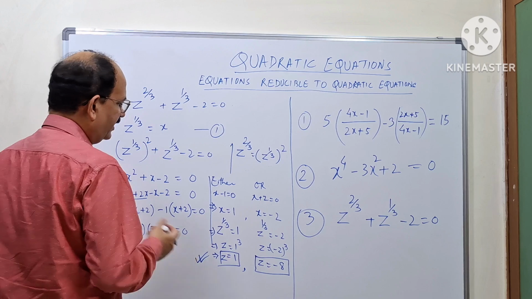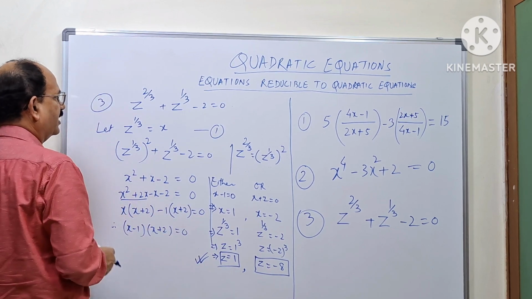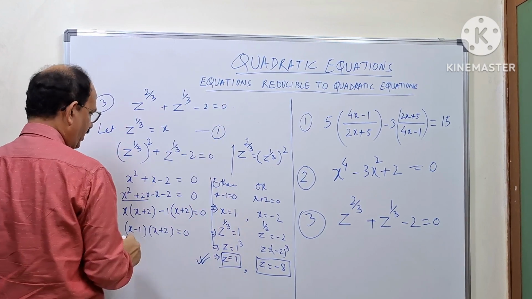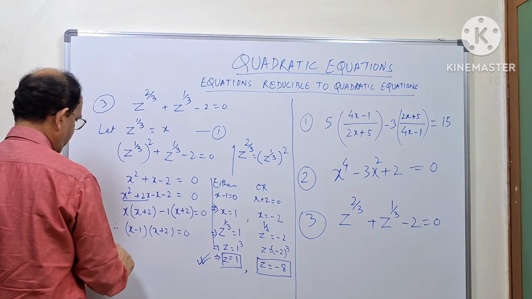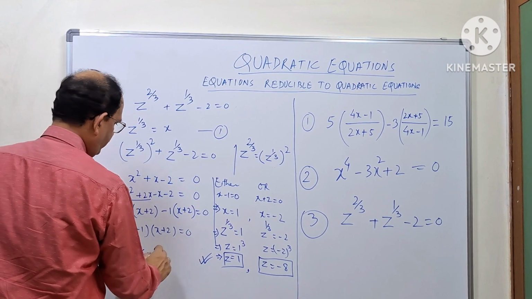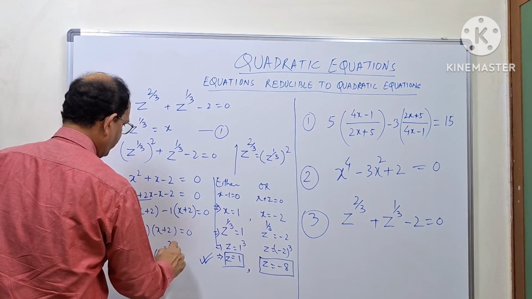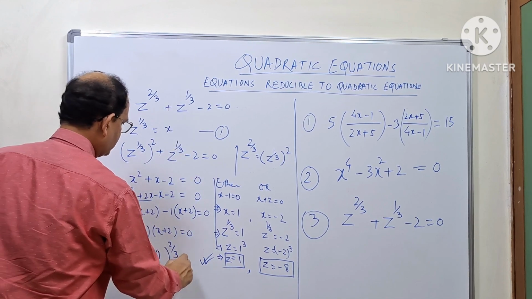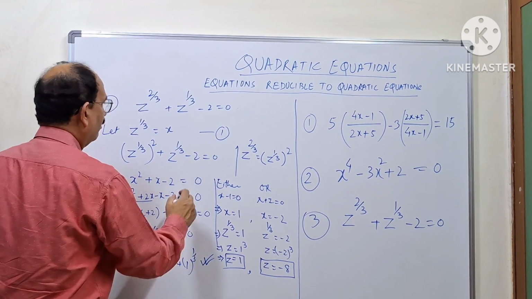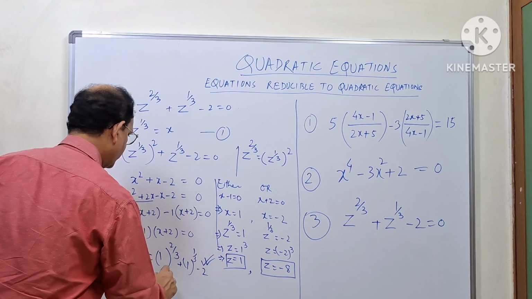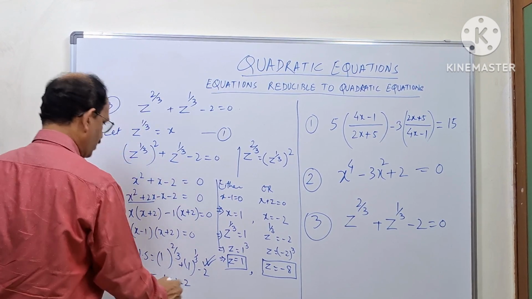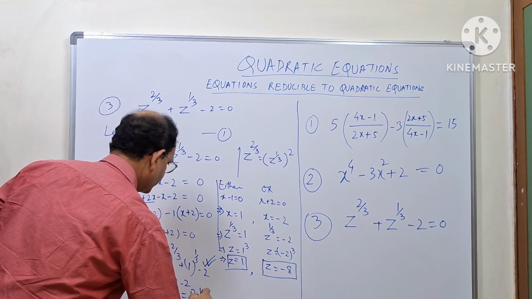We should always have a tendency to check whether our answers are correct or not. If I put z equal to 1 in the original equation, then LHS will be equal to 1 to the power 2 by 3 plus 1 to the power 1 by 3 minus 2, which is 1 plus 1 minus 2, equal to 0, which is equal to RHS.